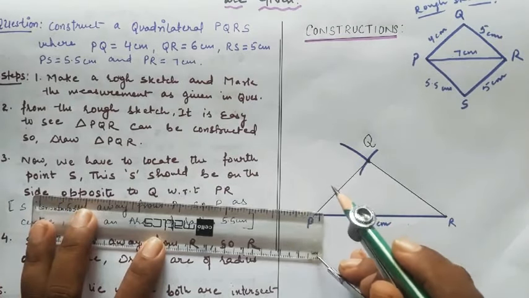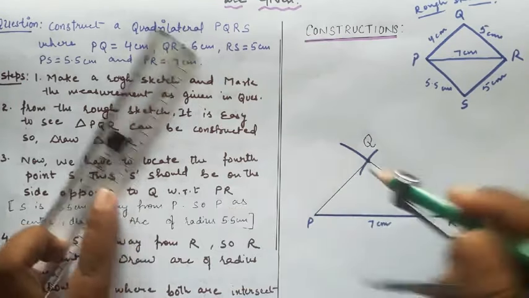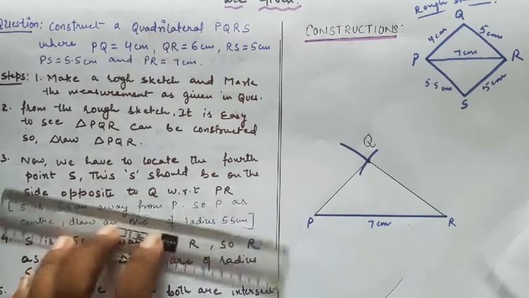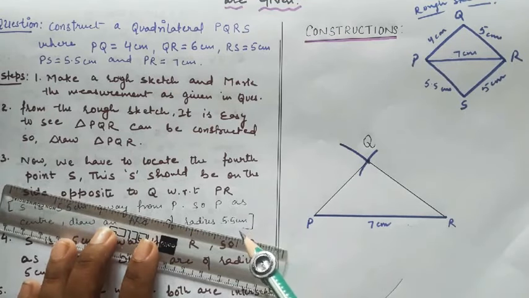From P I'll take, and similarly from R to S it is 5 centimeter. I'll take 5 centimeter length.